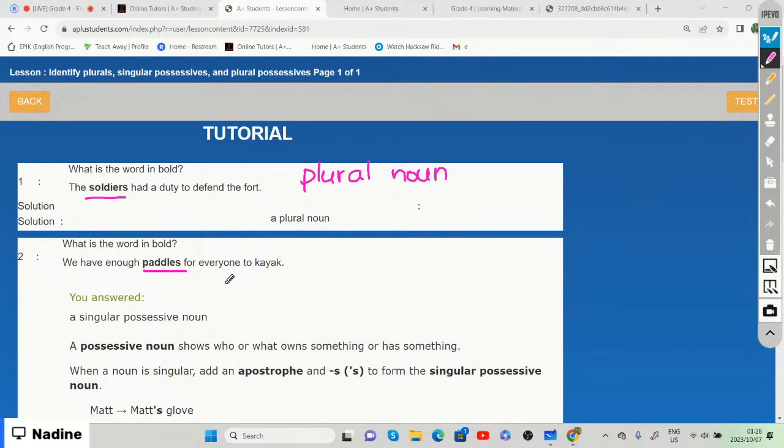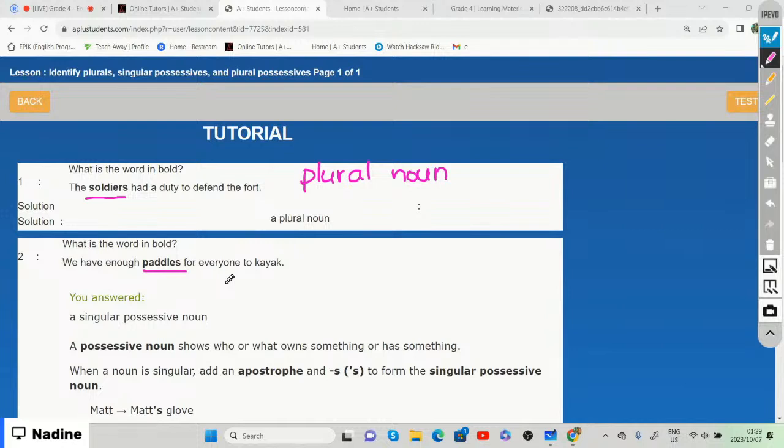Paddles. Is it only a plural noun like our first one? Is it a singular possessive noun or a plural possessive noun?